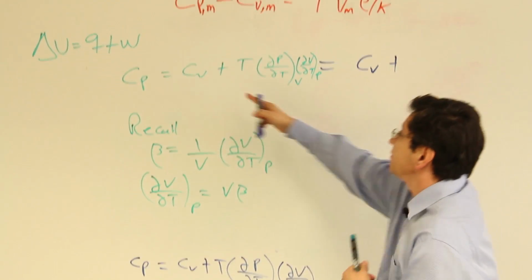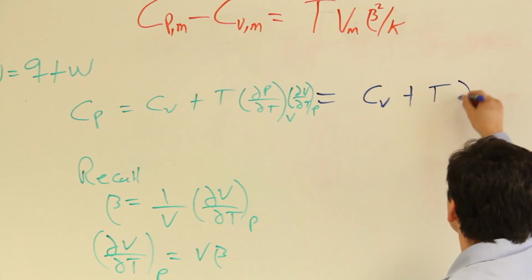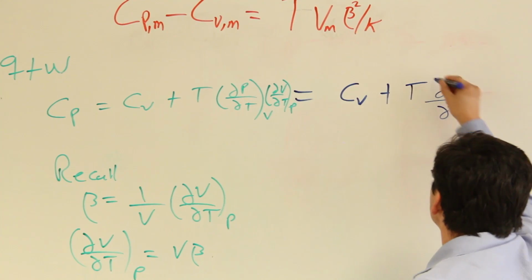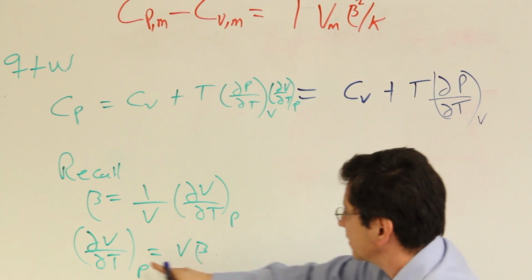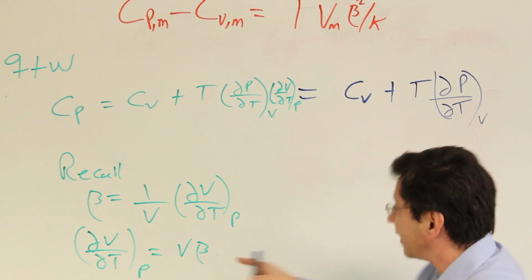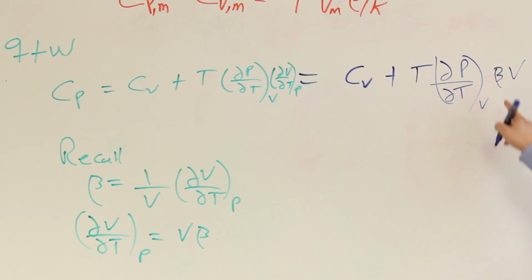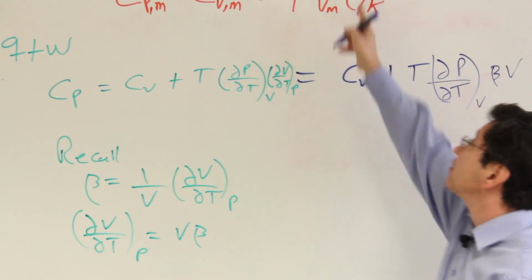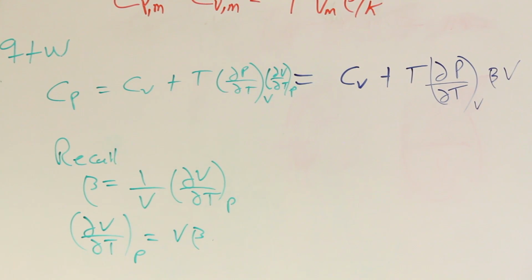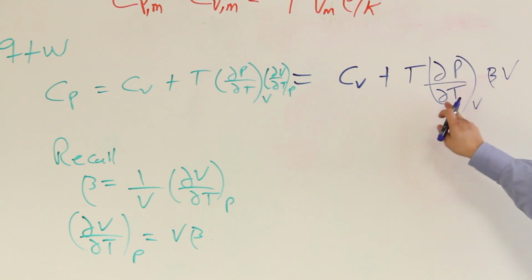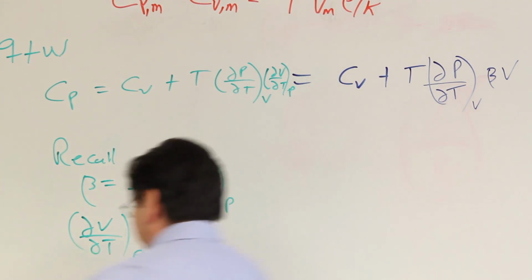Okay, so I have Cv plus T dP/dT at constant volume, and then dV/dT is going to be V beta or beta V, any way you want to put it. So we have the beta V, so somehow we need to get another beta and a kappa in the denominator. So that must come from dP/dT at constant volume. So we'll do that right now.